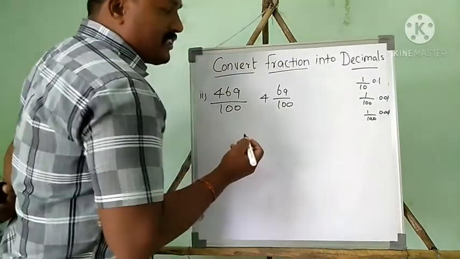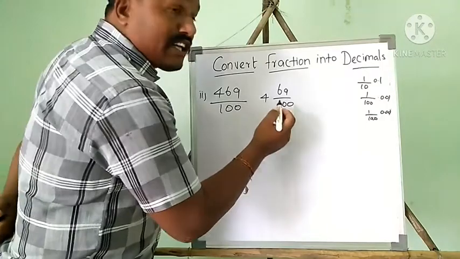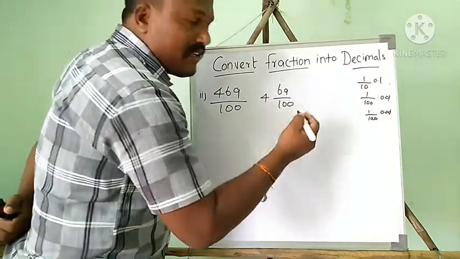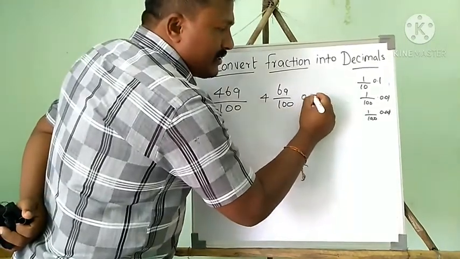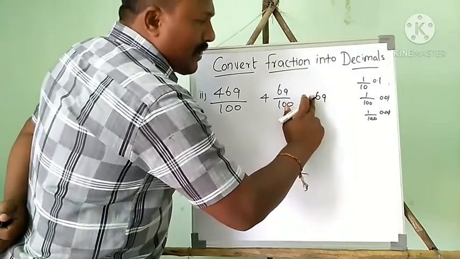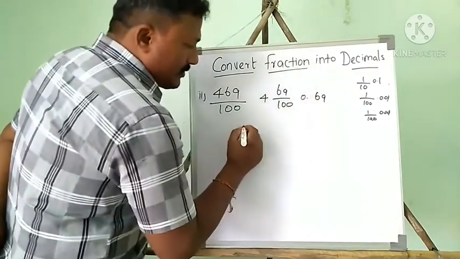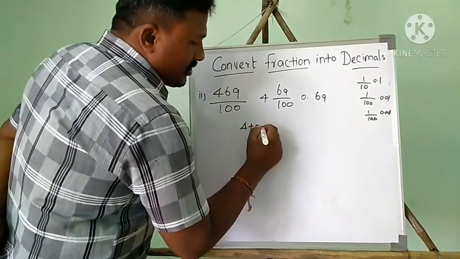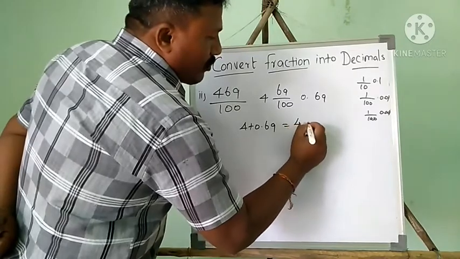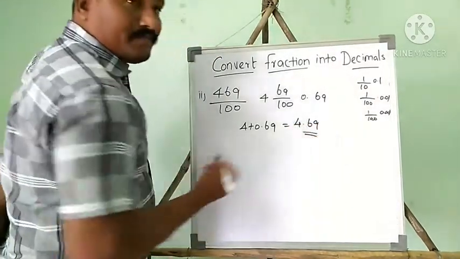Now first I want to convert this fraction into a decimal. 69 by 100 as a decimal is 0.69. Then if you add 4 plus 0.69, you get 4.69. So this is the answer.